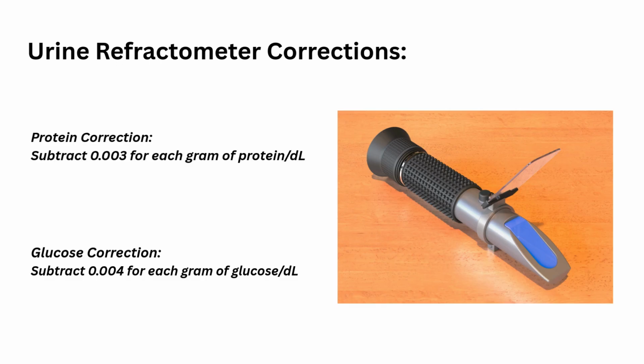Our ACP study guide asks a question about which substance must be corrected in urine refractometry. It did not actually ask for a calculation, but which of the following must be corrected while using a urine refractometer? The answer should be either protein or glucose because of their disproportionately large size and mass.